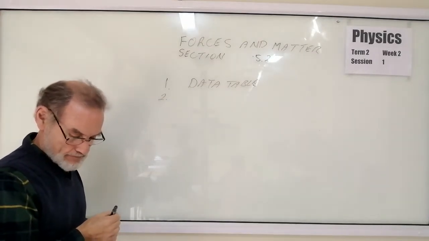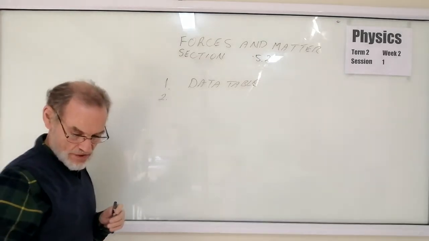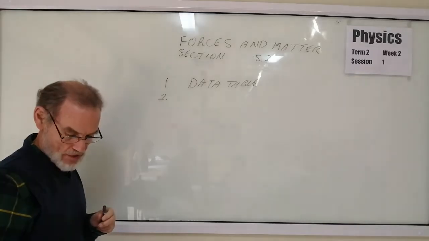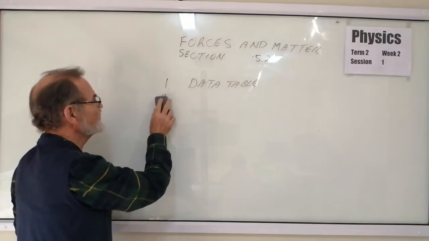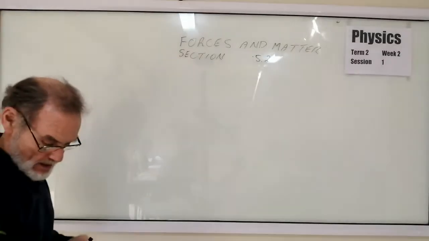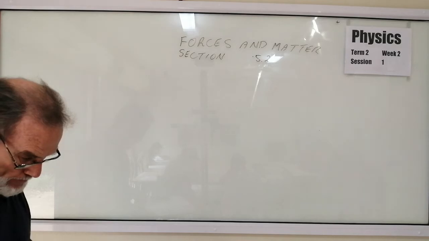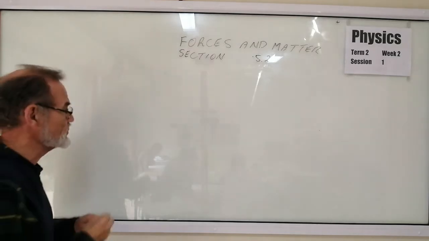And alright, I think we're going to do this as we go through. So let's first complete the data in the table. The table is given there in question 5.2.